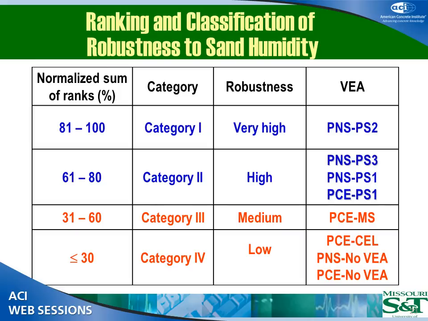So we divided that, for further evaluation in the future, into different categories in terms of robustness. Categories 1, 2, 3, and 4, depending on the normalized sum of ranks, to be in the very high robustness category, high robustness, medium, and low, and then you have the different mixes. So for the continuity of the study, which was to evaluate the effect of superplasticizer, we picked up 2 of these mixtures.